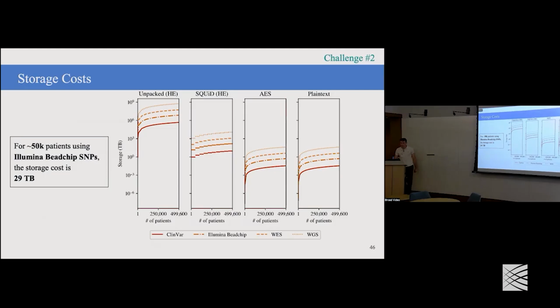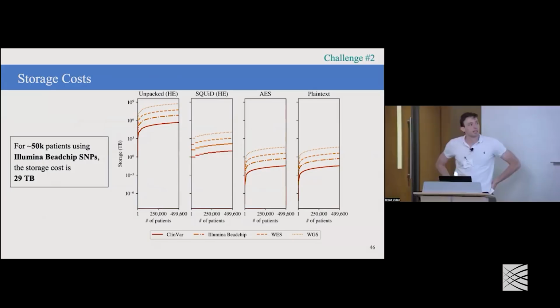So it's quite a significant blow up compared to the plain text storage. And if you're doing encryption at rest using AES, it's exactly the same. Thankfully, the packing algorithm really gives a nice performance boost where you can store a lot of information inside of a single ciphertext. You just have to be clever with how you perform the query operations afterwards. So this is storage cost.